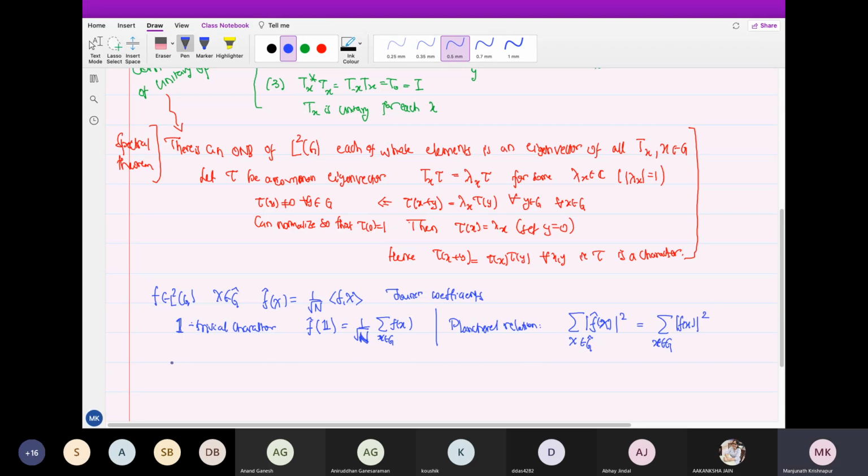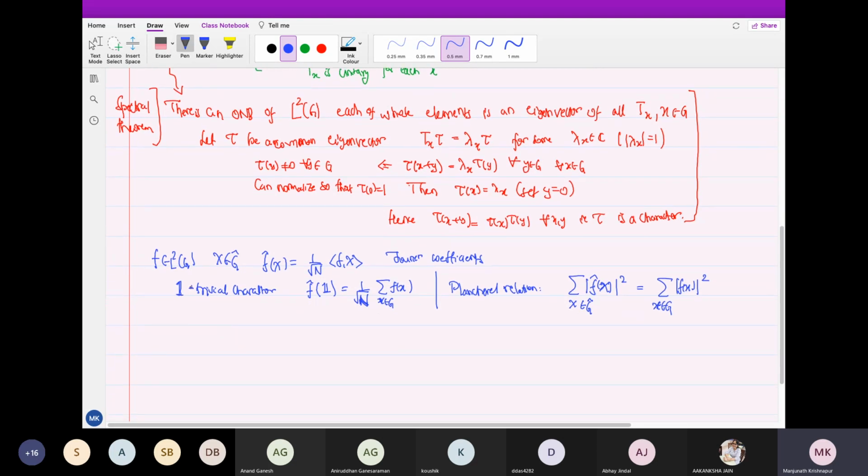If you want a probabilistic meaning, let P be the uniform probability on the group. That is, you put probability mass 1 by n on every element. You pick an element in the group at random. So f is now a random variable.